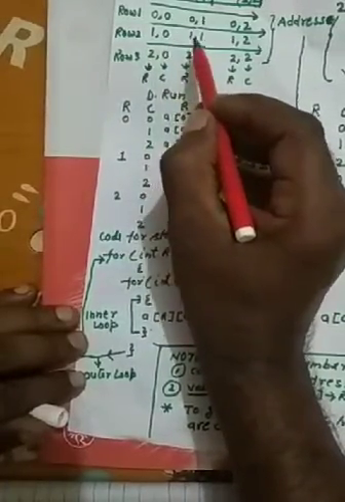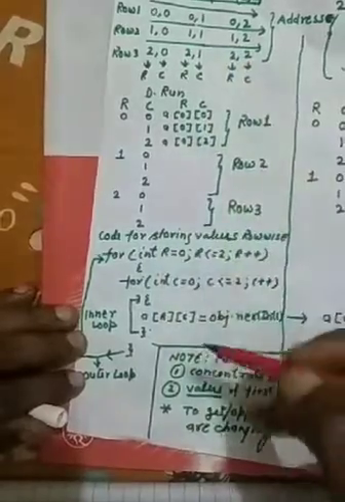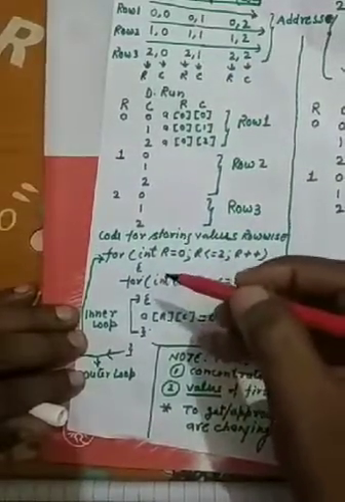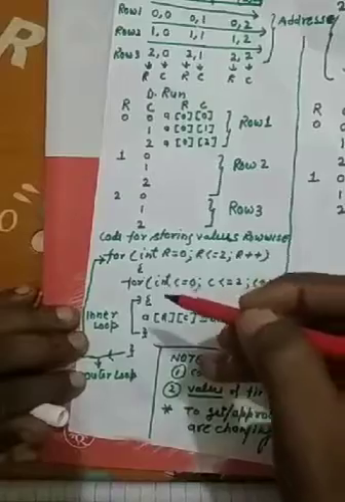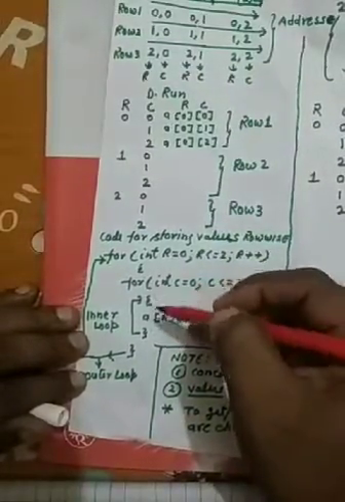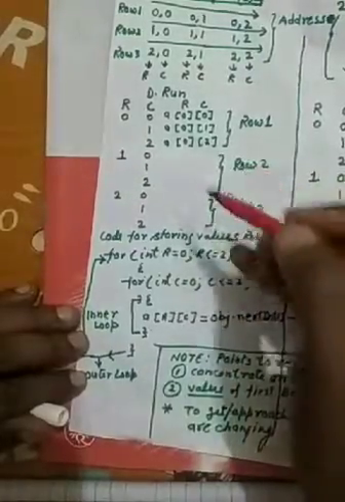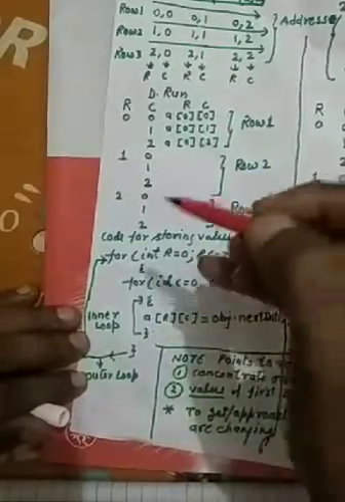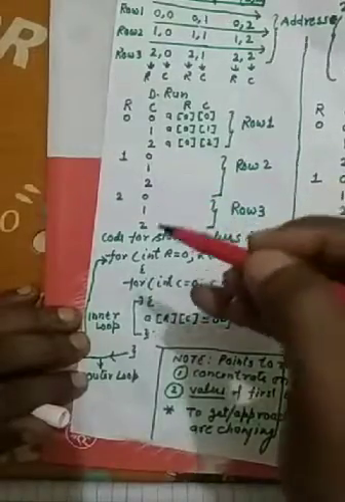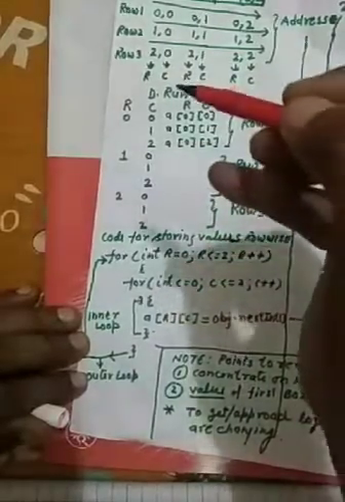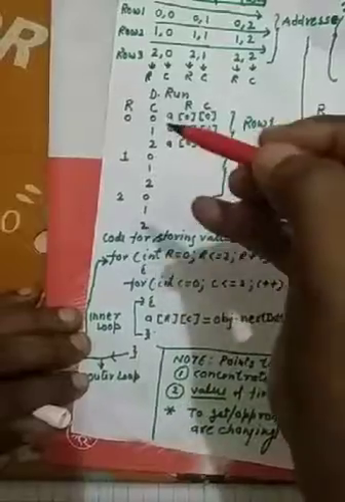So the inner loop asks for the values of the first row, then the second row, then the third row. In this fashion, we are storing values into the double dimension array row wise.